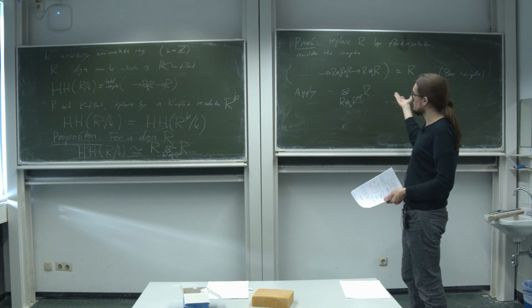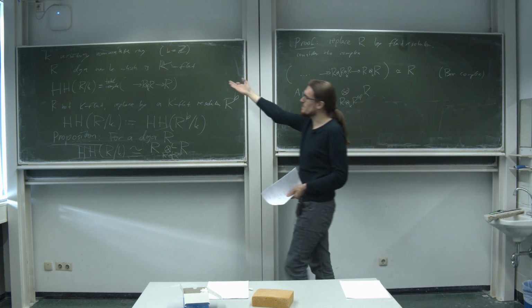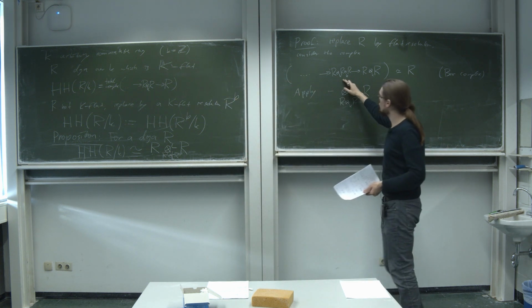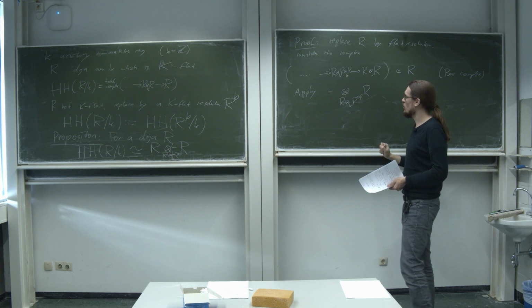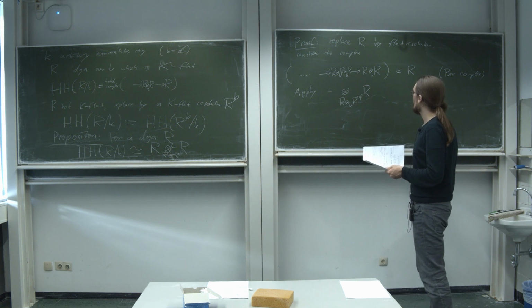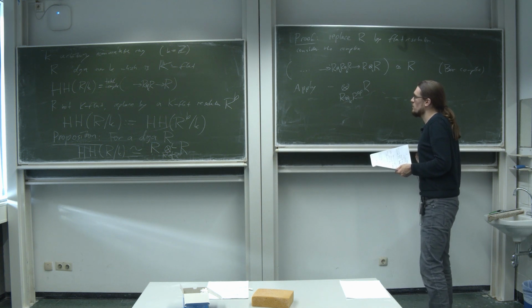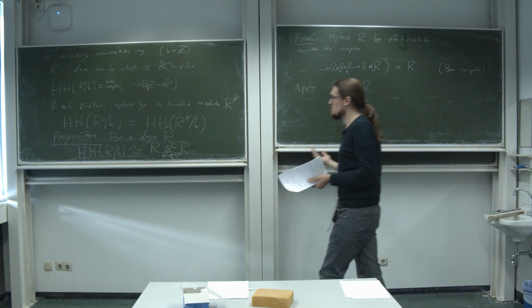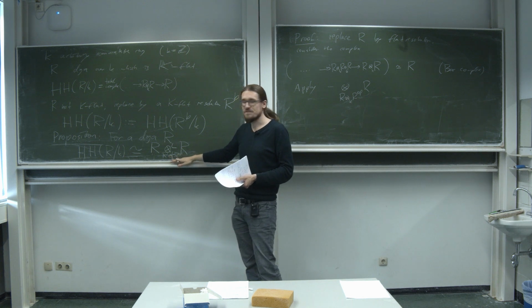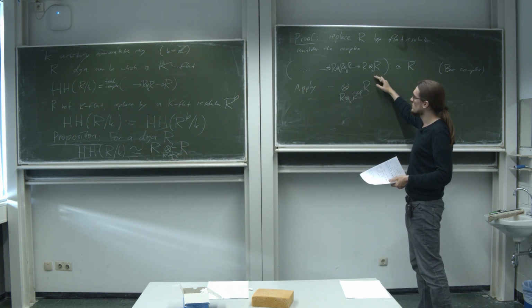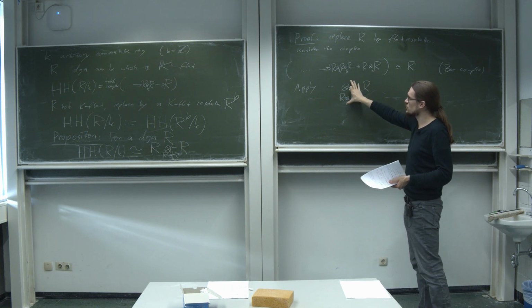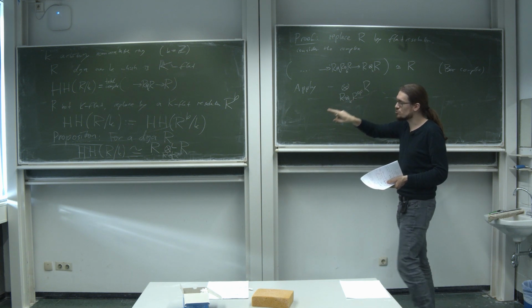And in fact, all of these modules are K flat. So this is really a complex of K flat R tensor R op modules, and it follows from the usual description of derived tensor products that the total complex of what we got after taking this base change is precisely this.